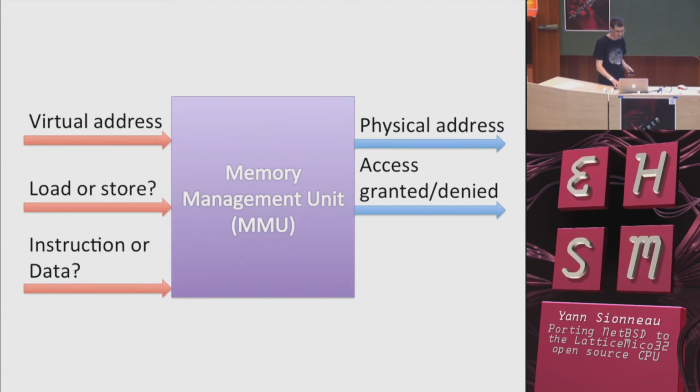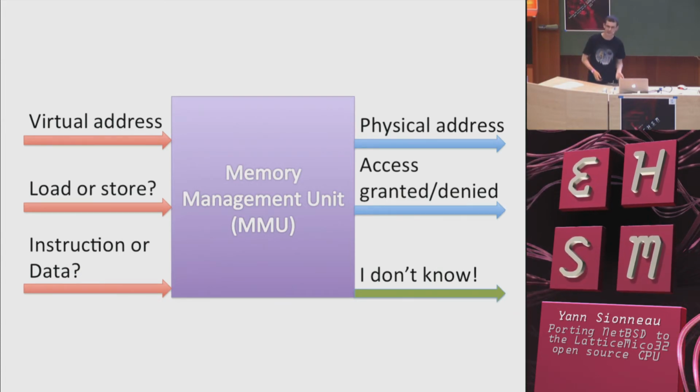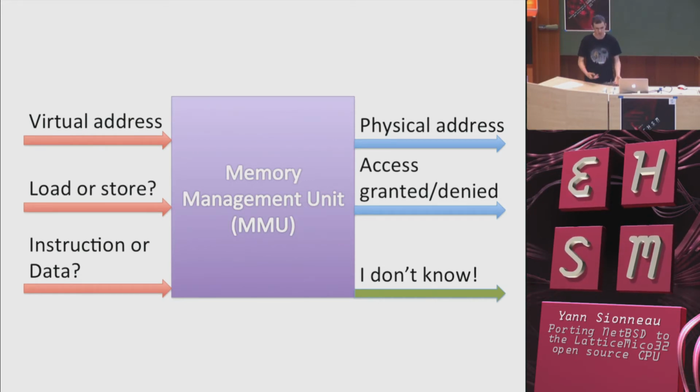It needs to be able to say, I don't know. Because, as I said, the TLB is software assisted, so sometimes the MMU can't know because the information is not in the TLB. And so when the MMU says, I don't know, it raises an exception, and it goes into the operating system to search for the translation and update the TLB.